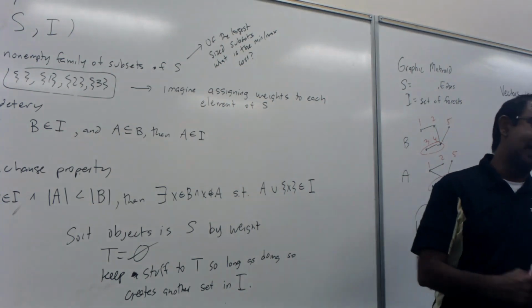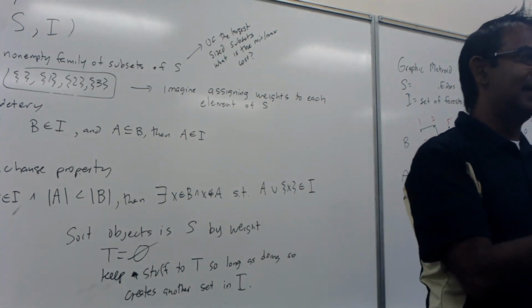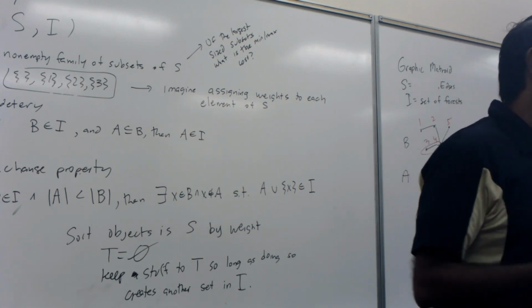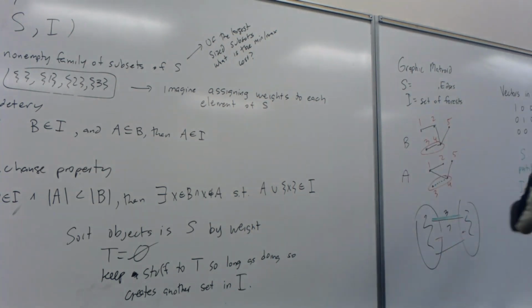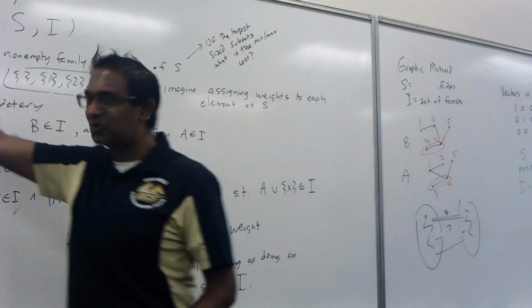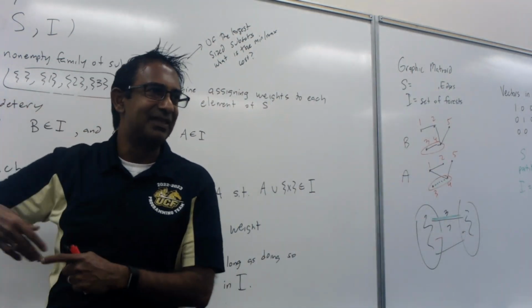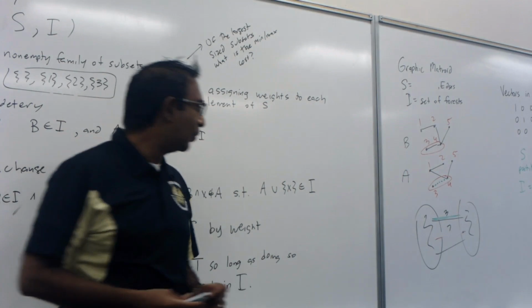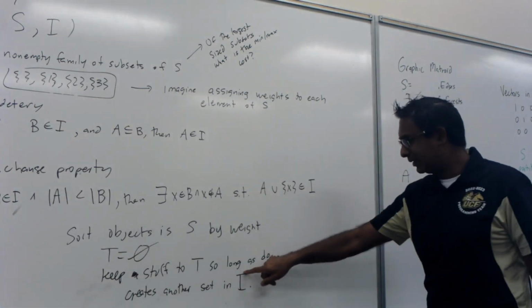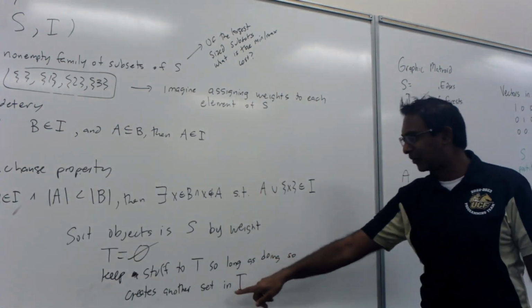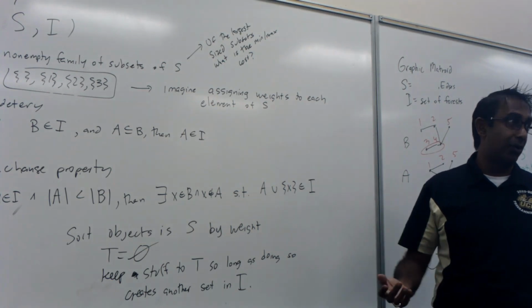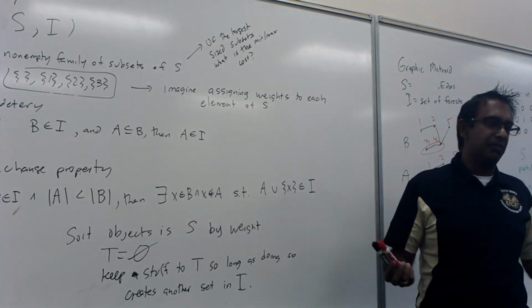So for example, in Kruskal's, we need to make sure we didn't add a cycle, so all of a sudden we got to introduce this disjoint set. Here, you gotta do some linear algebra to make sure that you can't create the thing. Here, I had to do the tree set to schedule stuff. So, so long as doing so creates another set in I, that's probably gonna be the hardest implementation bit, and that's gonna be problem specific.